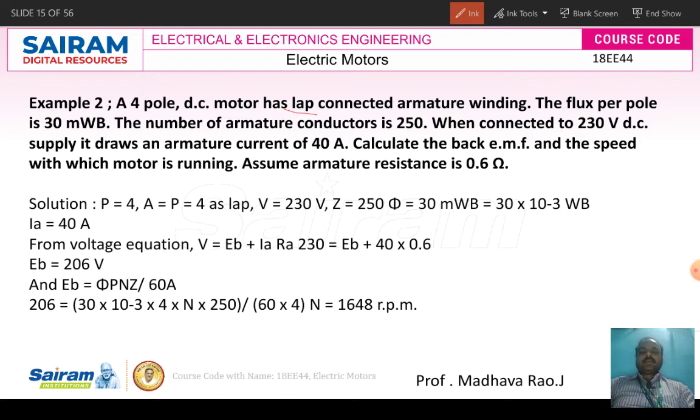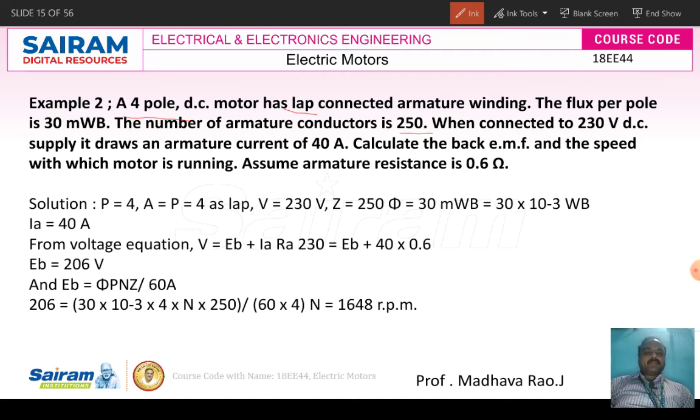A 4-pole DC motor has lap connected armature winding. The flux per pole is 30 milliwebers. The number of armature conductors is 250. When connected to a 230 volts DC supply, so terminal voltage V is 230 volts, it draws an armature current of 40 amperes.